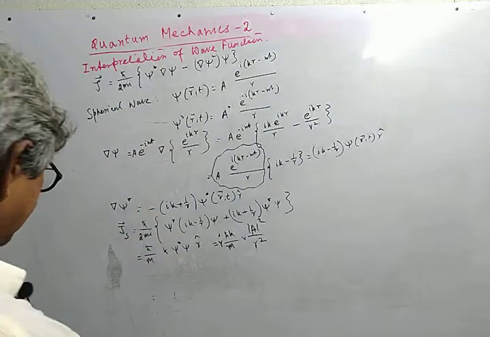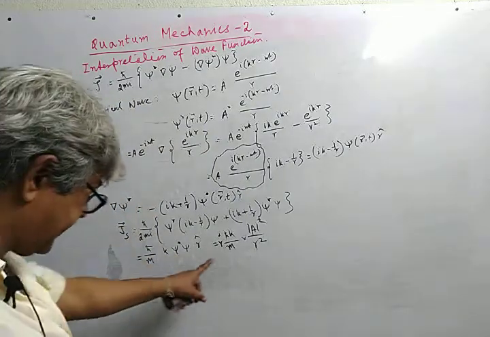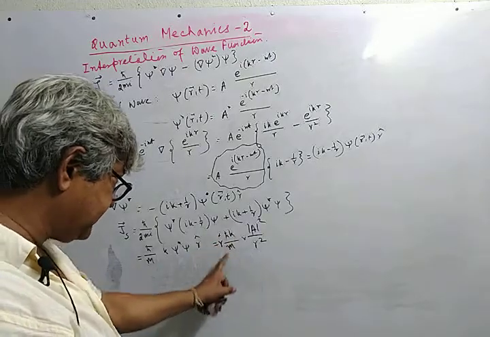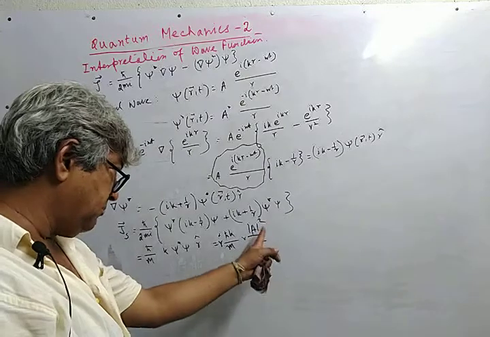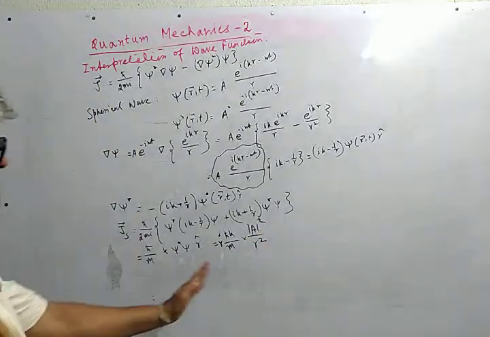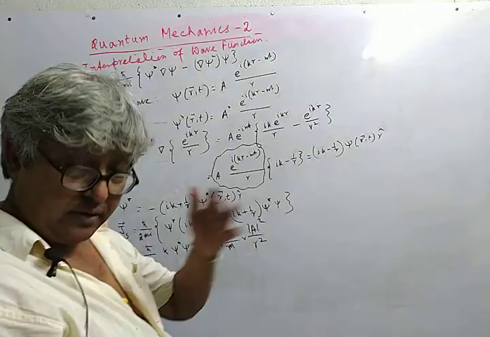This denotes that the vector is directed along the radius vector direction, and this part is the velocity, this is the number density, and it is found that the flux decreases as 1 by r squared.